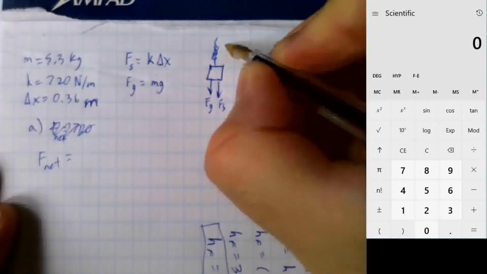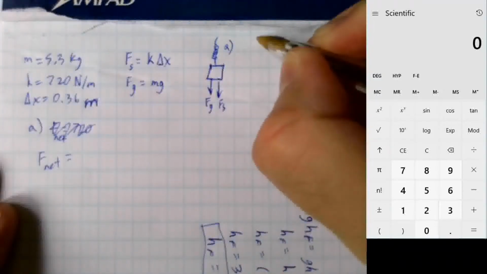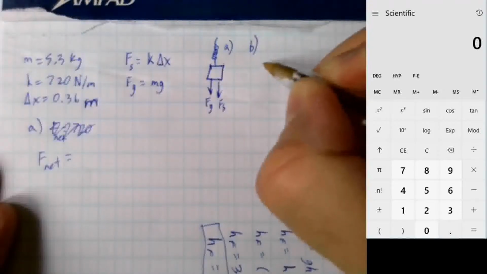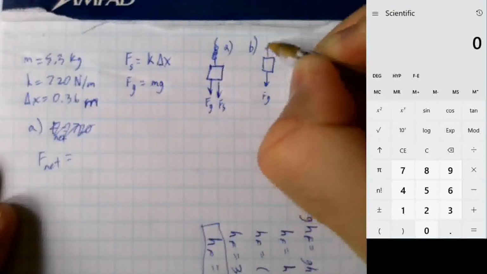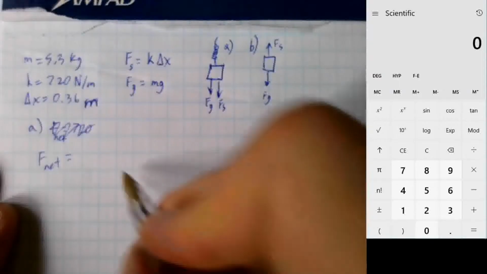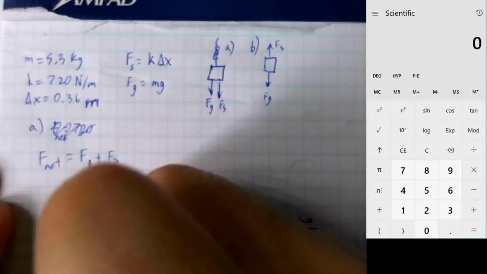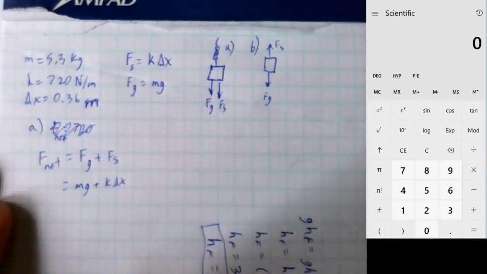This is for situation A. In situation B, our force of gravity and the force of our spring are acting in opposite directions. So in situation A, our net force is the sum of Fg plus Fs, and Fg is mg, Fs is k delta x.